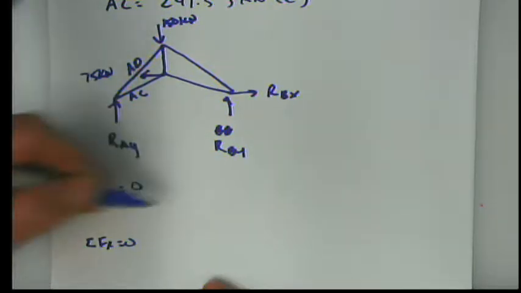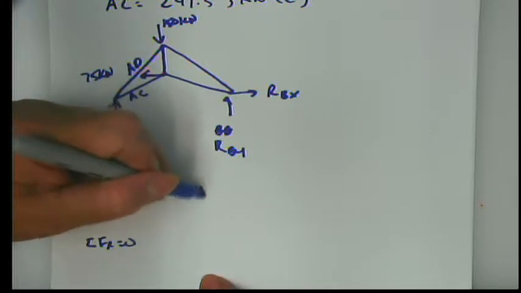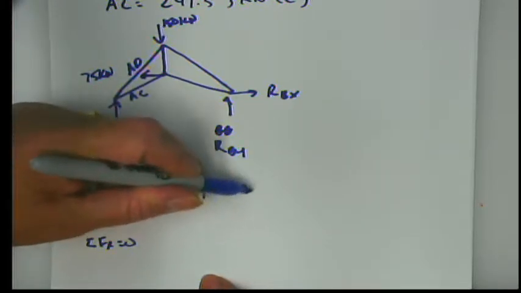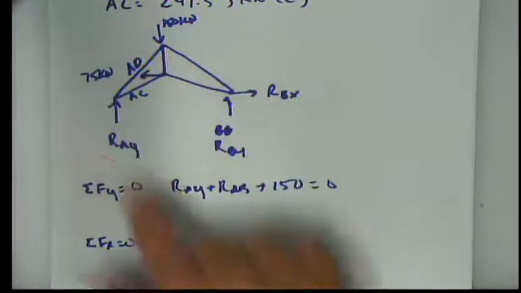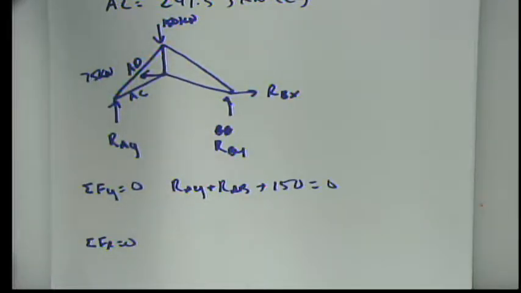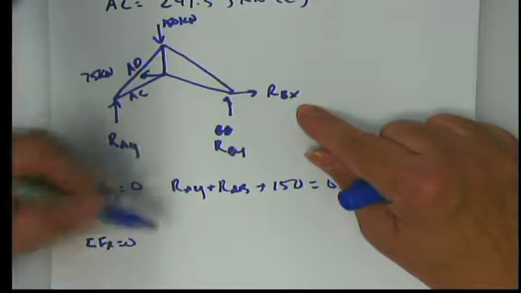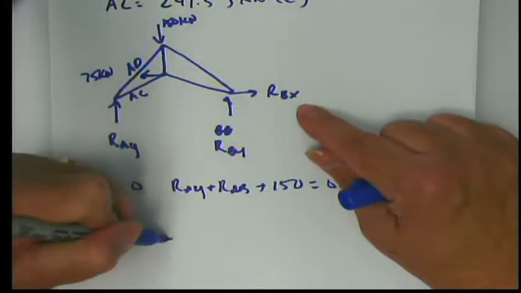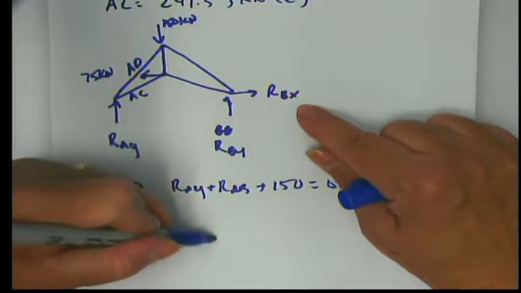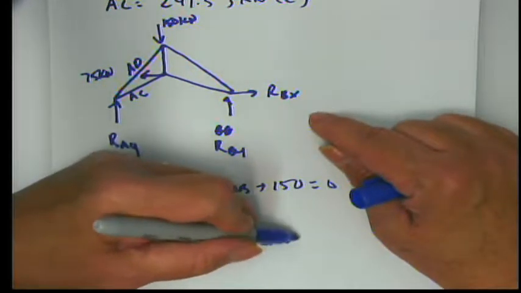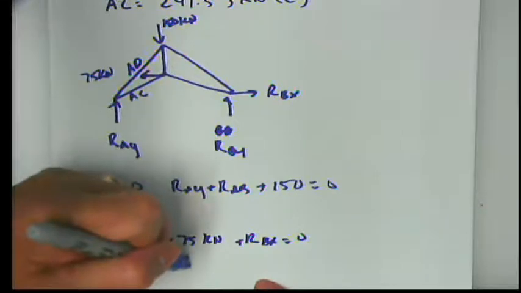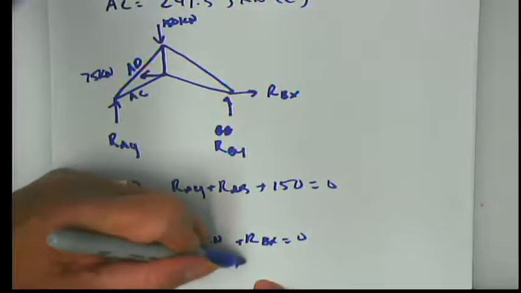And in the y direction, we have RAY, RBY, and 150, sum to 0. But we don't have symmetry because of that 75 kilonewton force. Here we have, in the x direction, negative 75 kilonewtons plus RBX equals 0. So that's RBX is equal to 75.